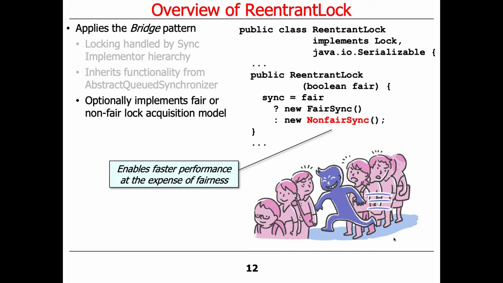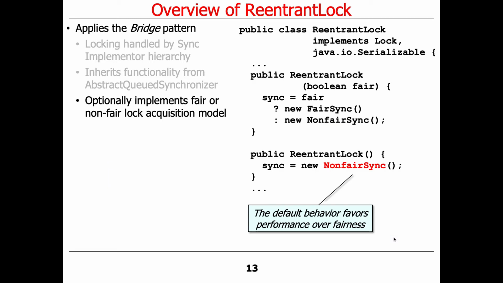The non-fair approach supports barging, where you can barge in line. The default, if you don't specify one way or the other, is to be non-fair. So the default behavior of ReentrantLock is to favor performance or efficiency over fairness, which is usually the right thing to do. If you care about fairness, then you can get it, but it's not the default.